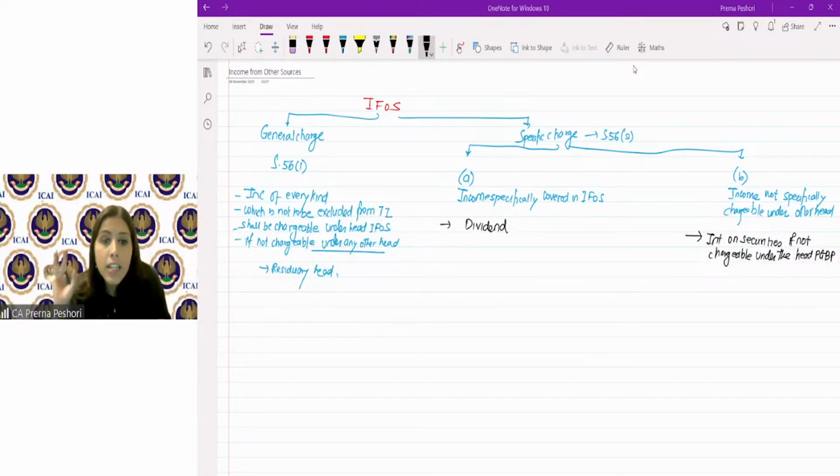What about interest on surplus funds deposited out of the borrowed funds? Let's say I have borrowed certain funds.